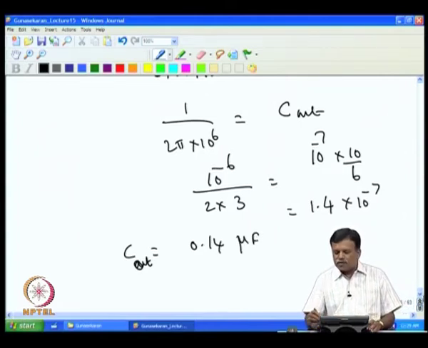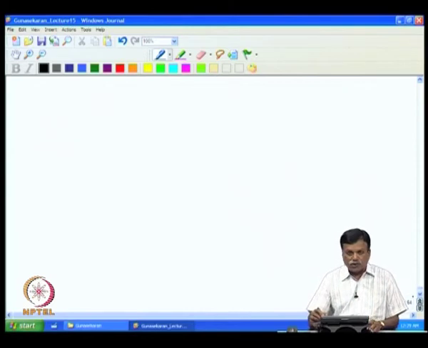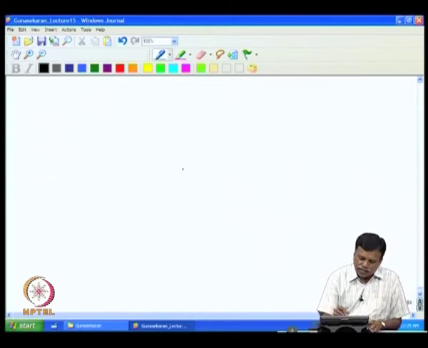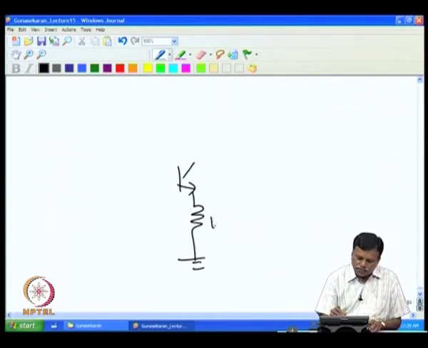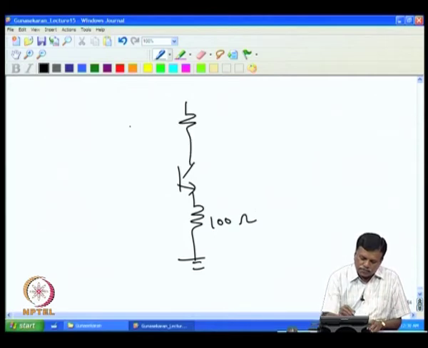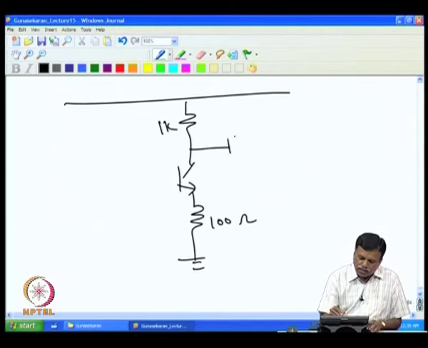So, we have now arrived at all the values for the circuit. If you look at the amplifier design now, it looks like this. You have this connected here 100 ohms, then here we have to put 1K, then here you put 0.14 microfarad, then we have the load resistance of 10K.